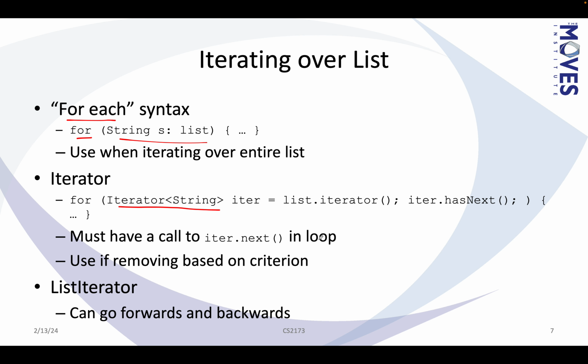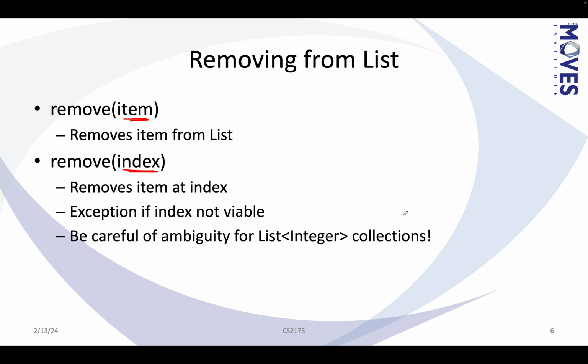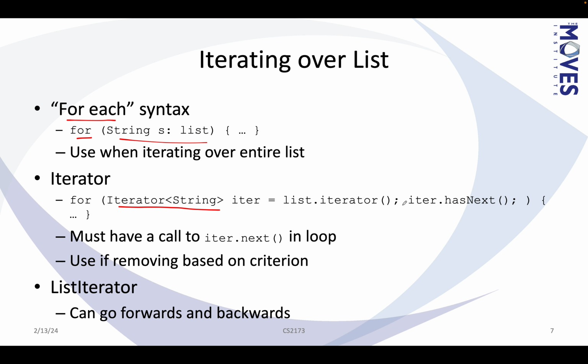So what is an iterator? An iterator has basically 2 methods. One is next, and next does what you think it does. Next just points to the next thing. And then the other is a Boolean, has next. We've seen a little bit of an example of this with scanner.